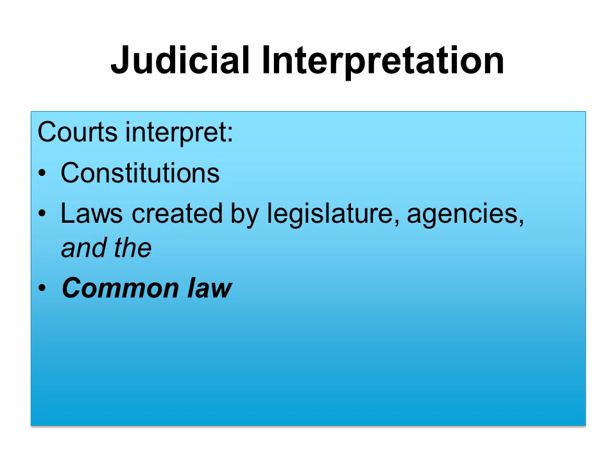The idea is to maintain consistency and predictability, and so interpretation of the common law is also done by the judicial branch. When people bring their problems to the court, the common law is subject to interpretation.